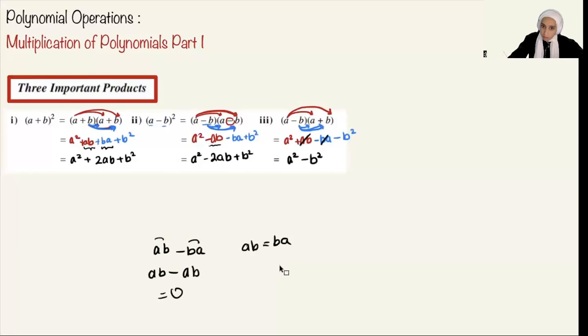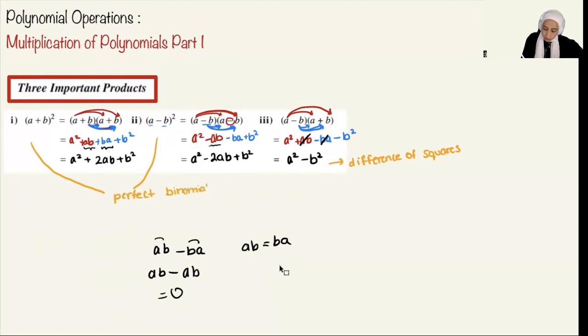Which is actually a special form, which we call the difference of squares. And these two are called perfect binomials.